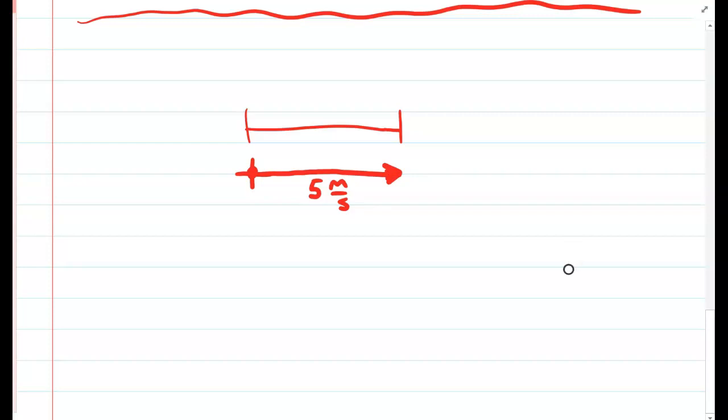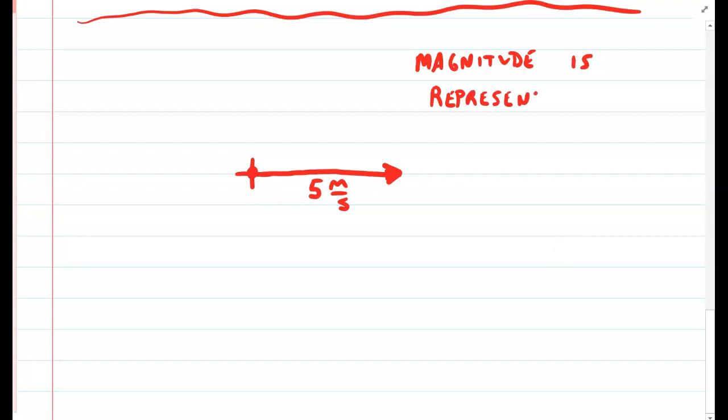So this is a really important piece of information that you need to know. When drawing vectors, the magnitude is represented by the length of the arrow.